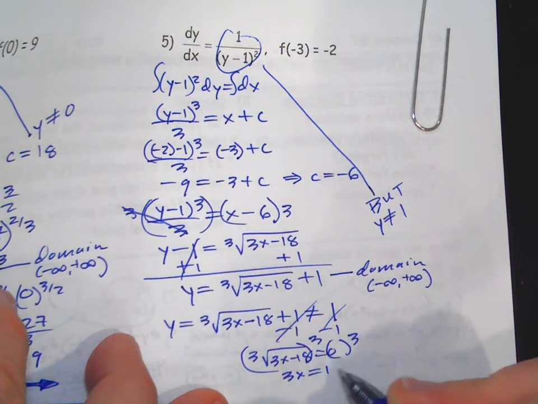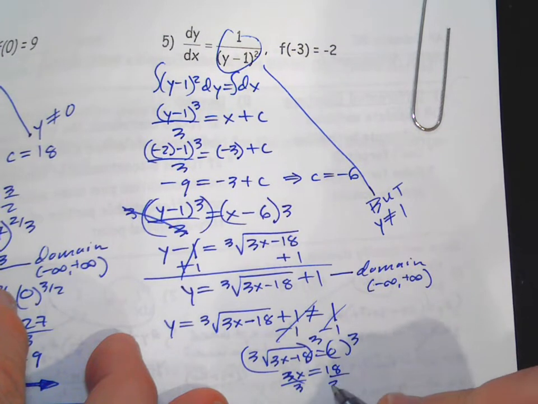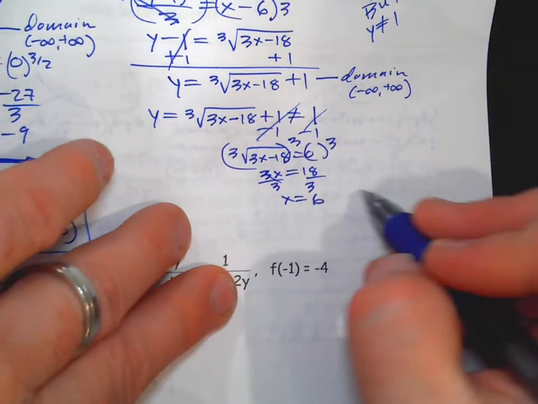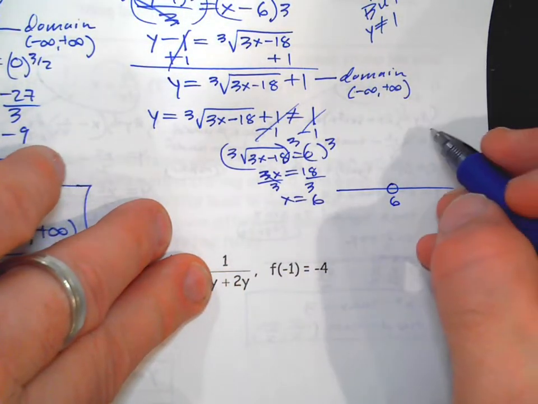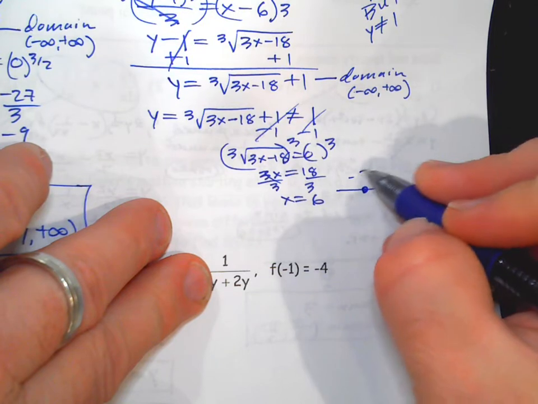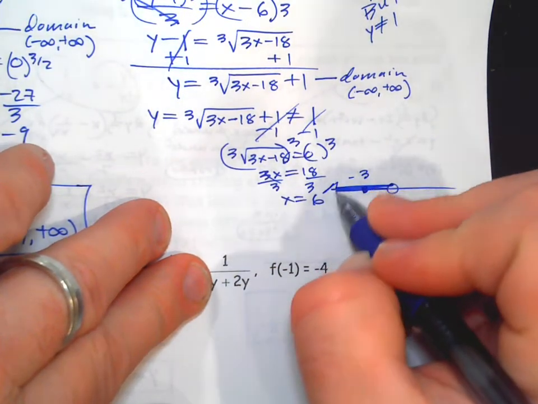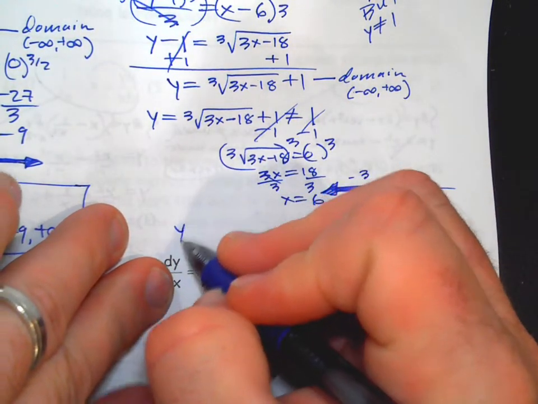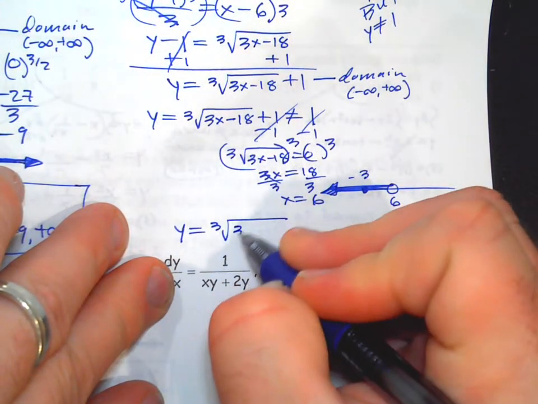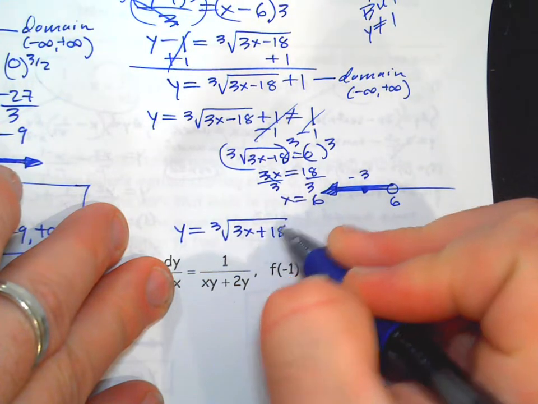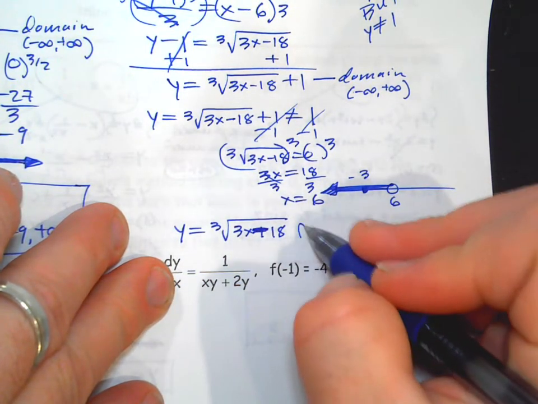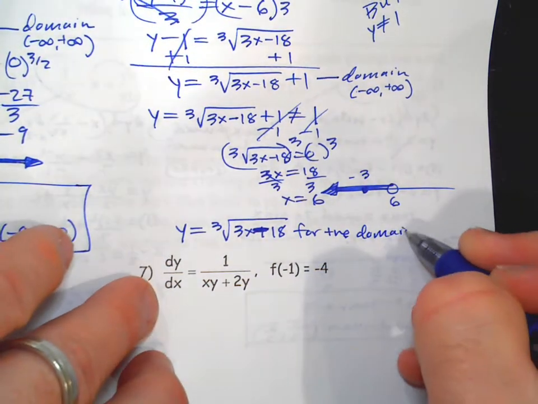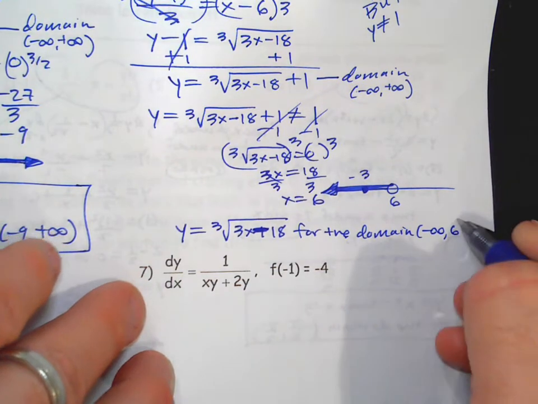Add 18. Divide by 3. Do a line check. Open dot at 6. Initial condition is at -3. That's your domain. So our answer is y equals cube root of 3x plus 18 minus 18 for the domain -infinity to 6.